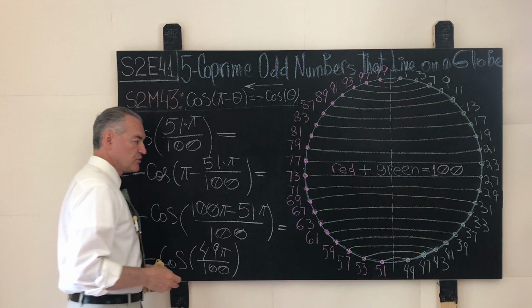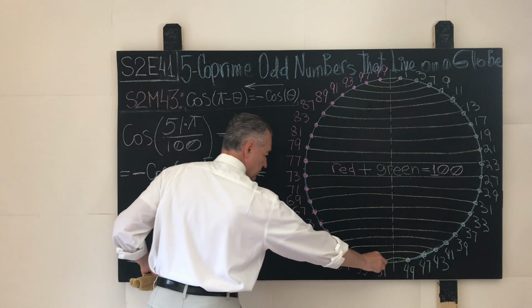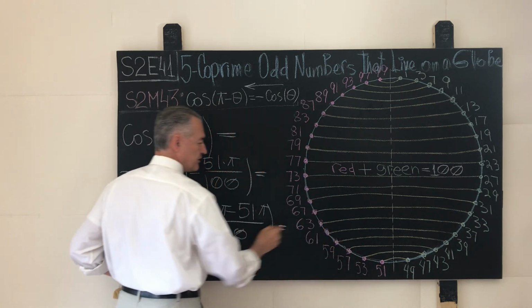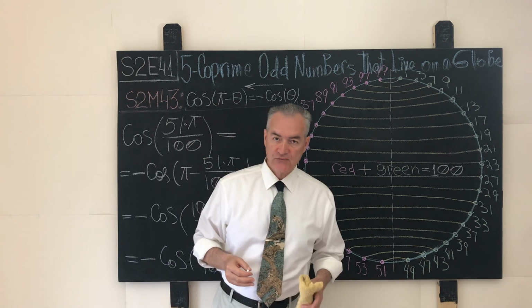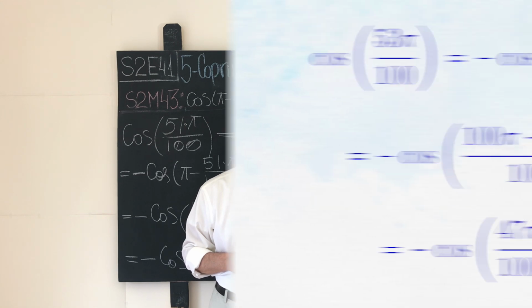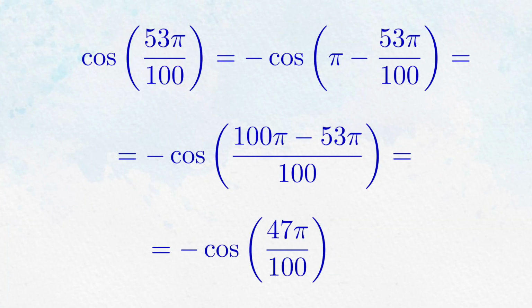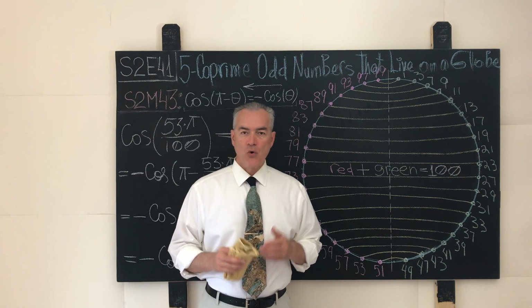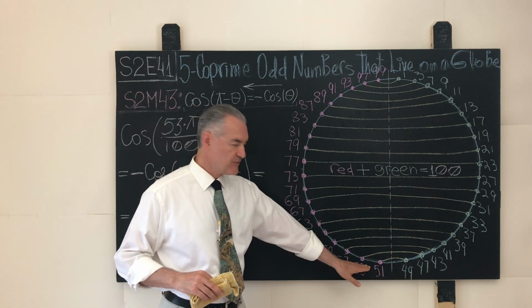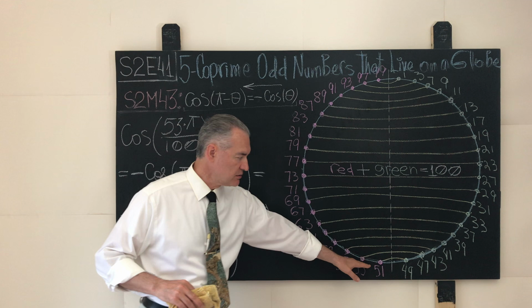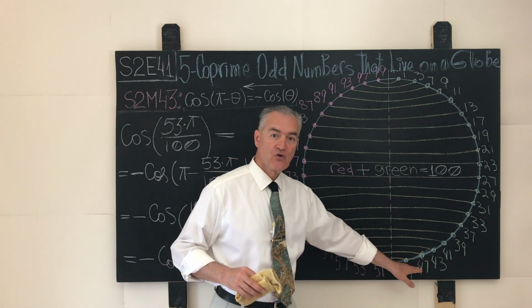Well, we carefully step through the red hemisphere and we apply this transformation to all the red numbers, and we will do that together just for the first few red numbers. Our next red number is 53, and that number lives on our planet on the same parallel as what number? As 47.